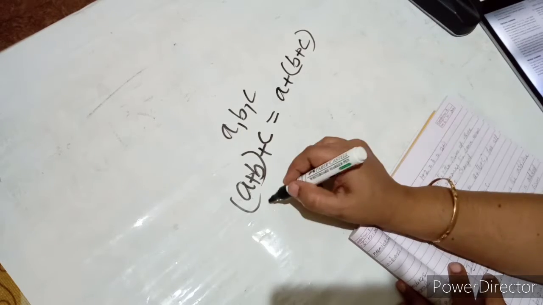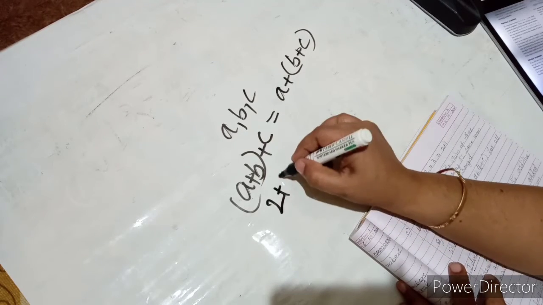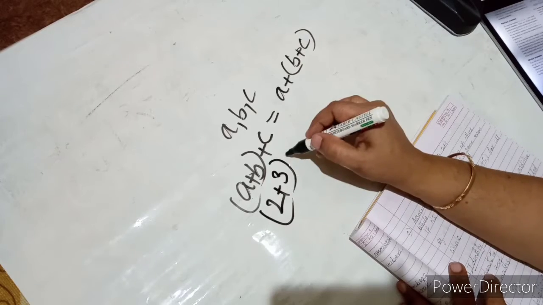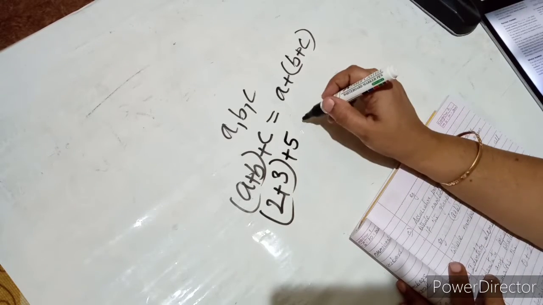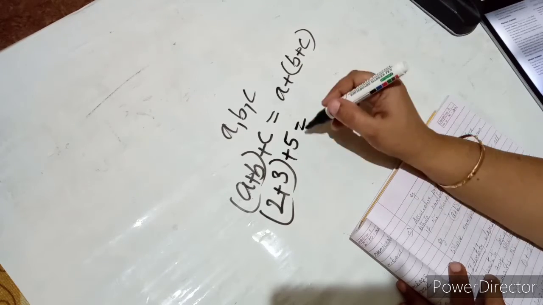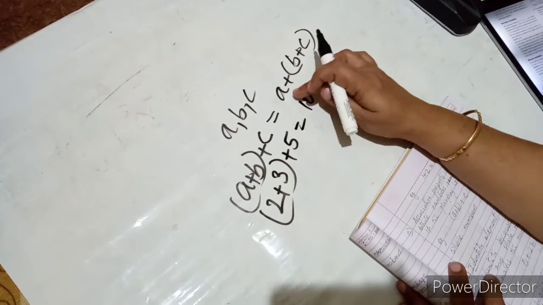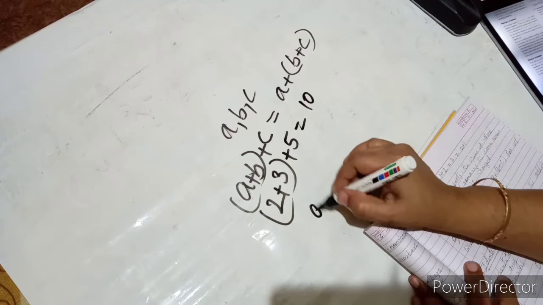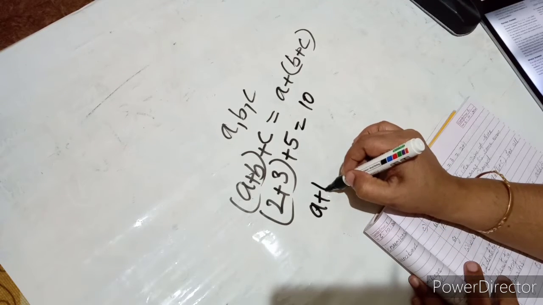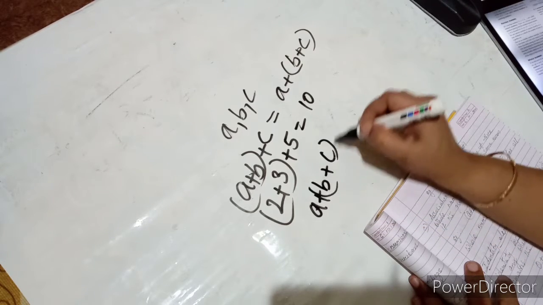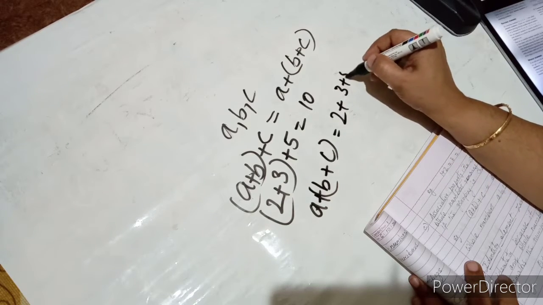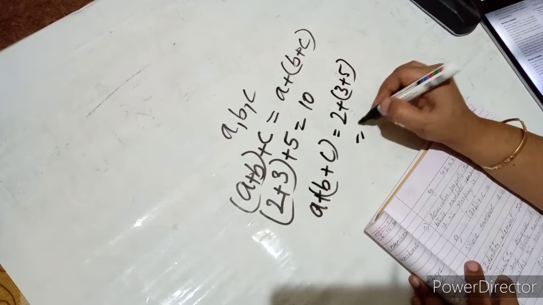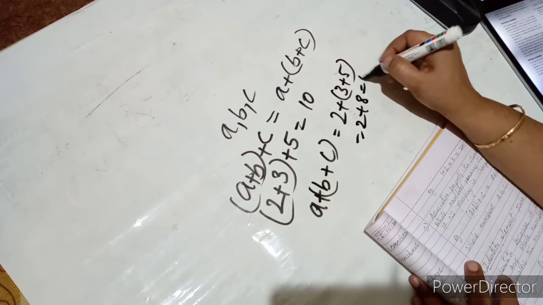Okay, for example, if we take A as 2, B as 3, C as 5, then 2 plus 3 is 5, plus 5 is 10. And A plus B plus C, with B and C grouped, is 2 plus 3 plus 5, that is 3 plus 5 is 8, 2 plus 8 is also 10.